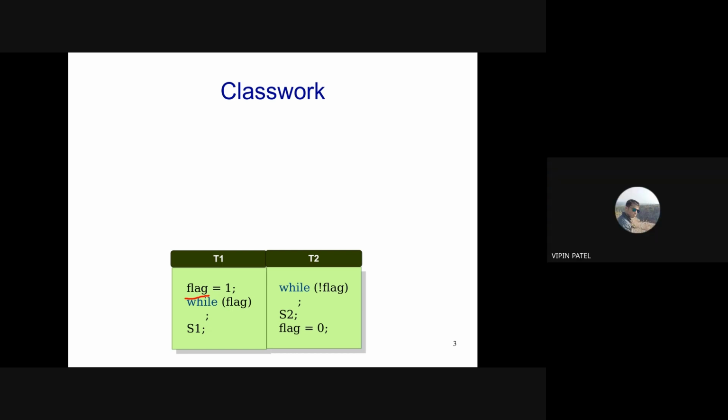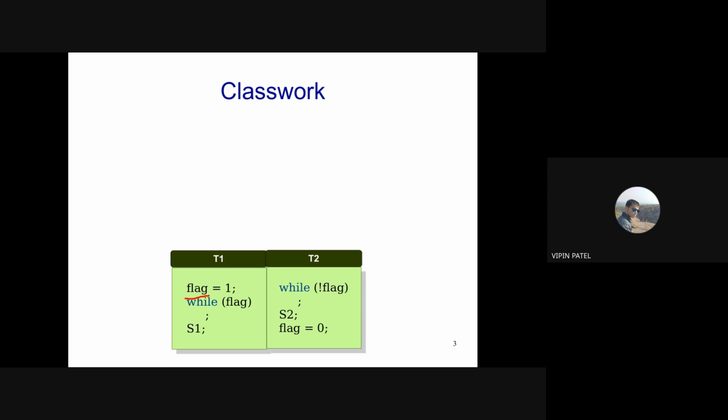Yes, they can execute in parallel if there is a context switch between T1 and T2. Say first T1 is scheduled and it sets flag to 1. Sorry, T2 executes first. It reads that the initial flag is 0. It will set the while condition to true. And it will come out.